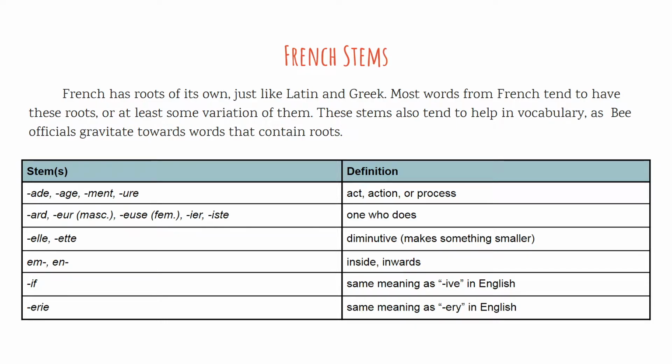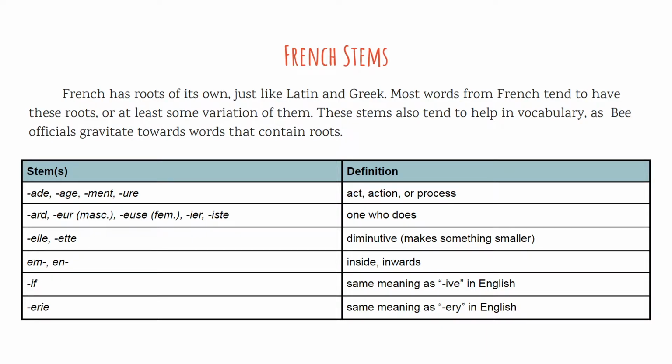First of all, the first stem is ad, aj, man, or ur. These four stems refer to act, actions, or processes of. Next, we have the people stems, ard, eus, ir, or est, which all mean people who do, or one who does. Next, we have l or et, which are both diminutive stems, which means it basically makes something smaller.